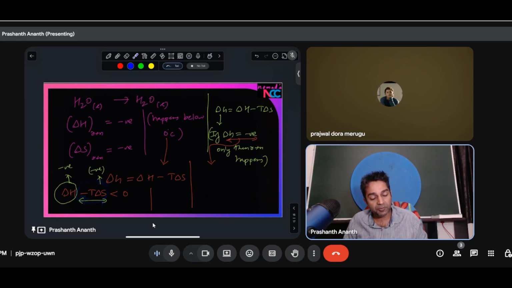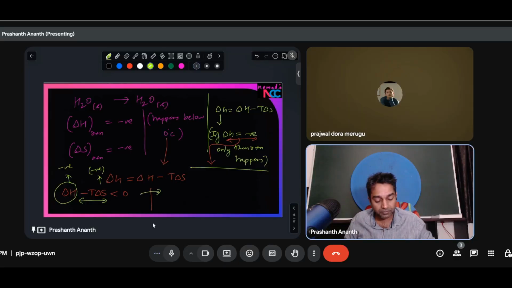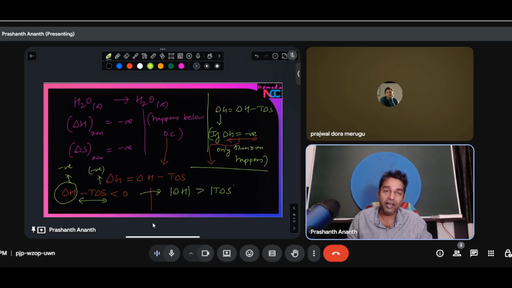So if I want this to be less than 0, the mathematical condition works out like this: if I am interested in the net being negative, that means the modulus of delta H should be greater than the modulus of T delta S. If it can beat this, then yes, we can say it will be more negative. Overall, it will be less than 0.